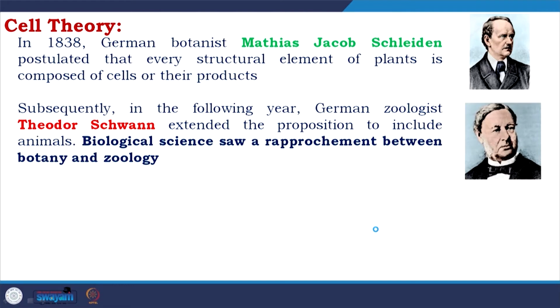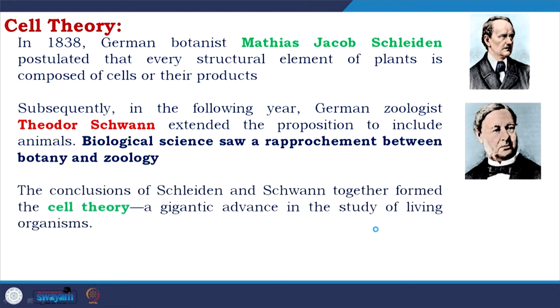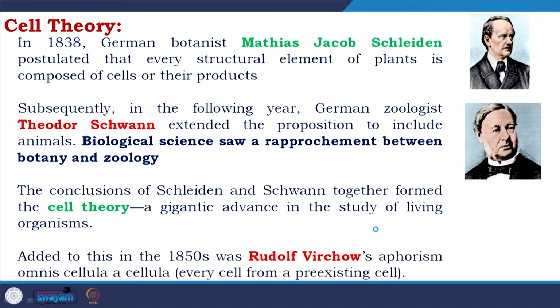So, this is Theodor Schwann. The conclusion of Schleiden and Schwann together formed the cell theory, a gigantic advance in the study of living organisms. Added to this in the 1850s was Rudolf Virchow's aphorism omnis cellula a cellula, every cell from a pre-existing cell.